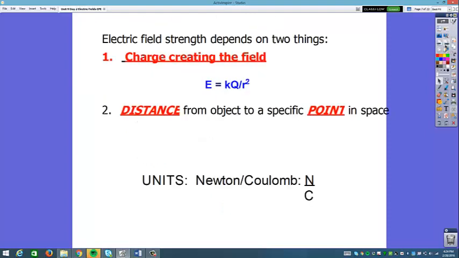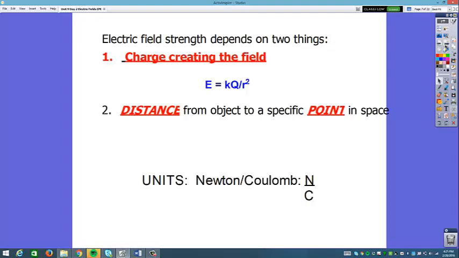When you're looking at your electric field strength, the first thing that it depends on is the charge creating the field. So the bigger the charge that's creating the field is, the bigger the electric field is going to be. The other thing that's going to impact it is the distance, depending upon how far apart they are.